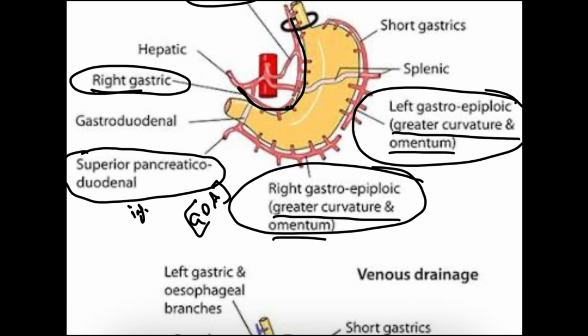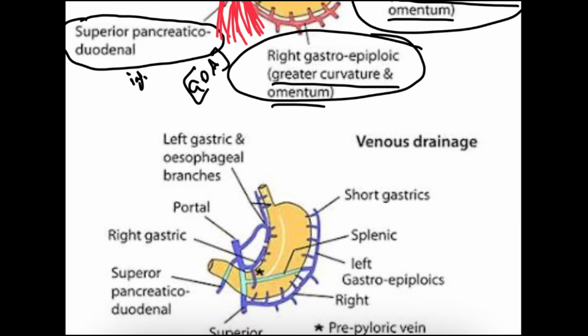This is very important because with erosion of the ulcer, the gastroduodenal artery can rupture and cause a large amount of bleeding, that is massive hemorrhage. That's why the GDA is very important in surgical cases. This is the blood supply.